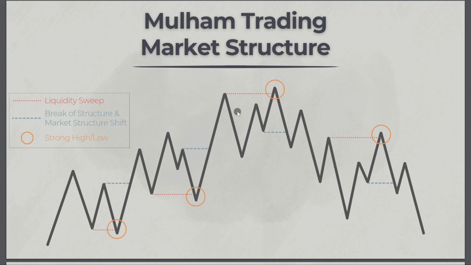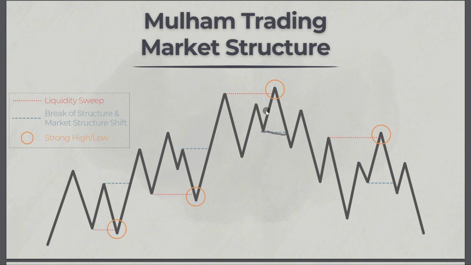So I'll show you guys how to capitalize on this. But please, if you don't understand this, rewatch the video again, especially this part, because I really want you to understand. We don't consider a strong high or low unless we have a sweep and then a breakout structure. A sweep and a breakout structure. And then a market structure shift, an internal one would be the first one, a creation of a strong high here, followed by a breakout structure.